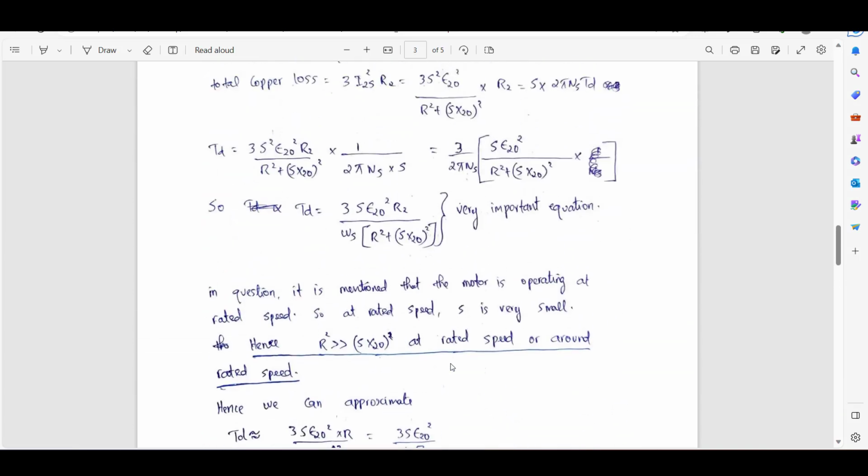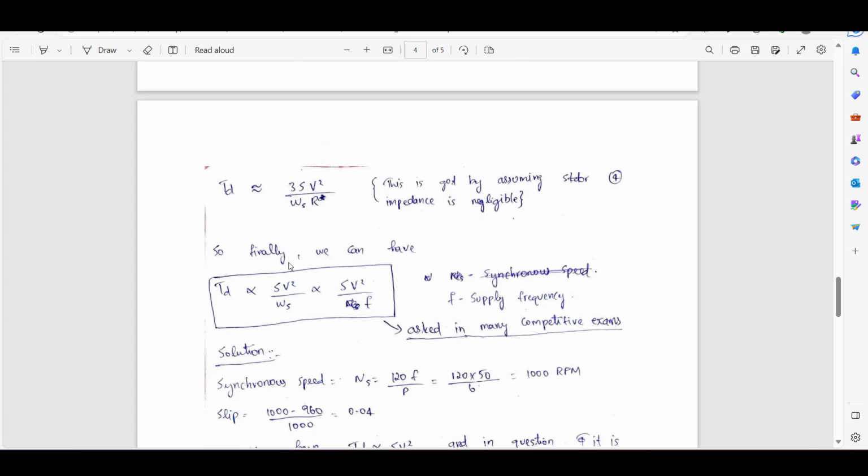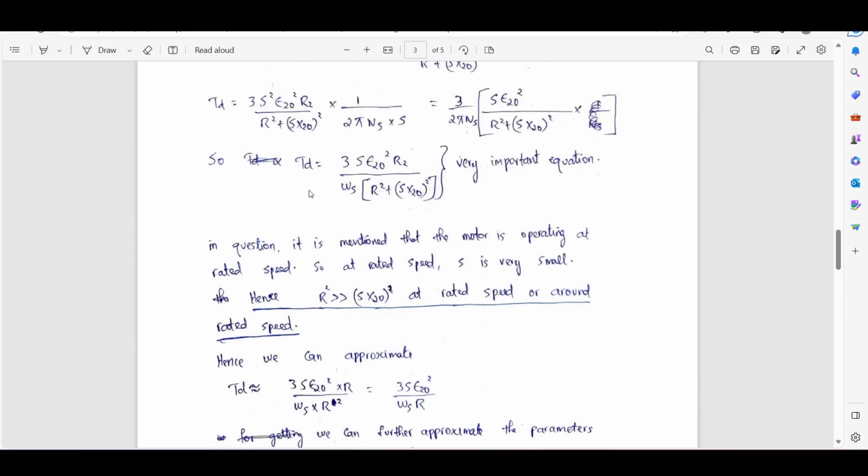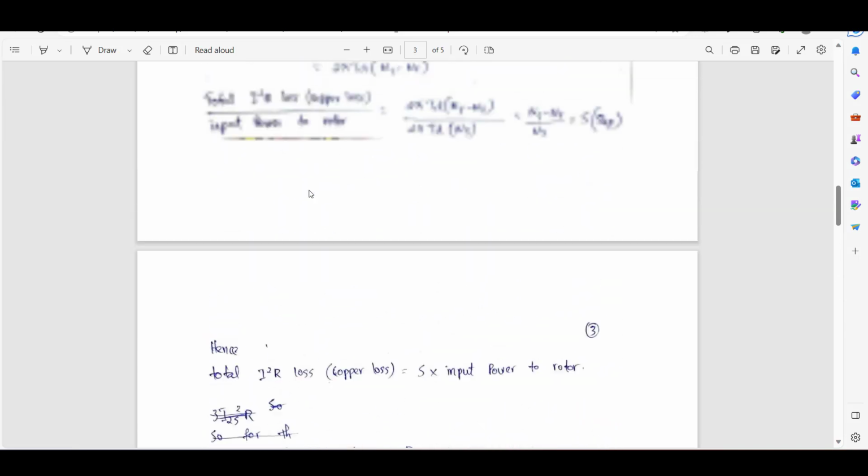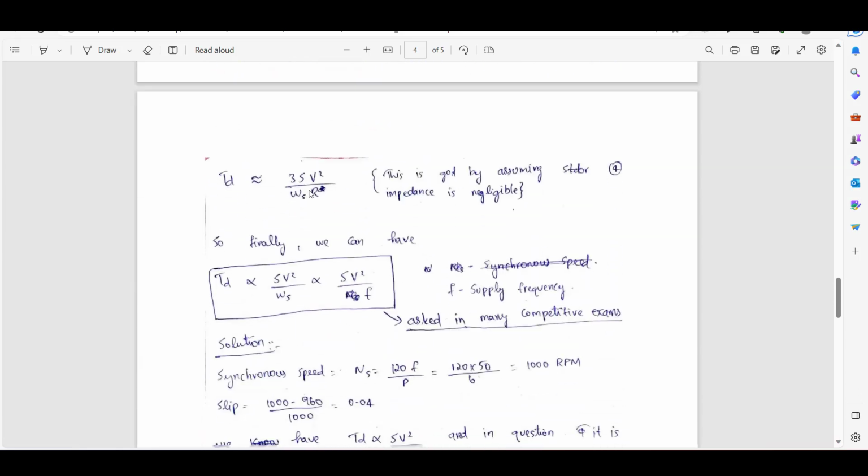So the most important thing is this equation. This relation is very important, and questions from this relation were asked in previous years. So keeping this relation in mind is very important, and all these are derivations of this equation.